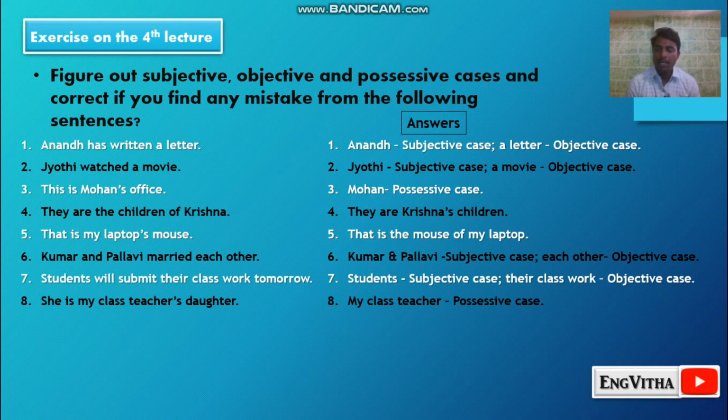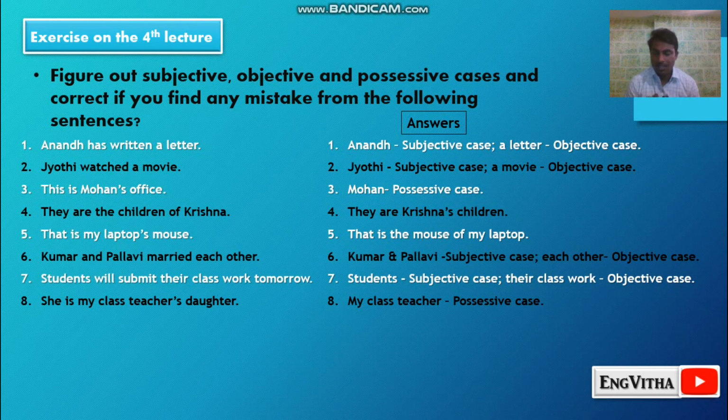Here, to find what is in the possessive case, we need to ask whose office is this? This is Mohan's office. So Mohan is in the possessive case in the third sentence. And the fourth sentence we have is, they are the children of Krishna.